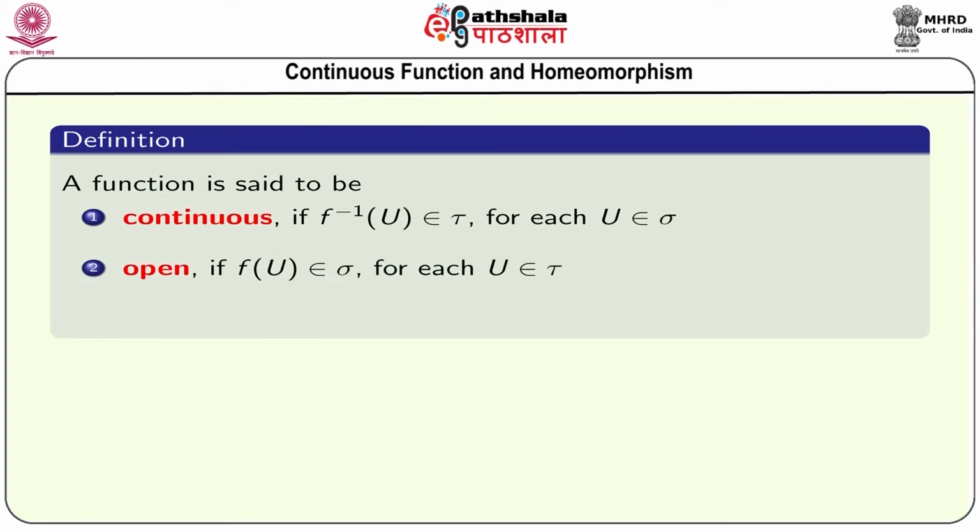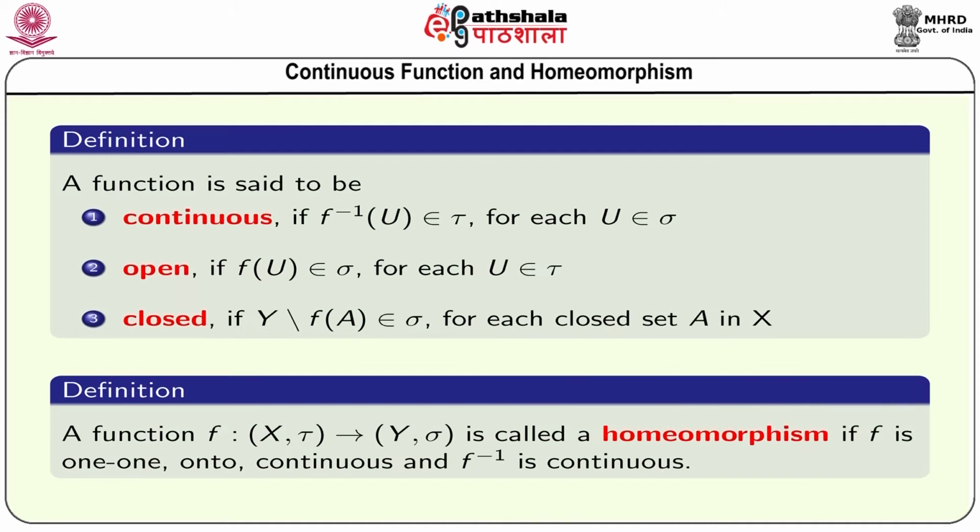A function is called an open map if it takes all the open sets of the domain to the open sets of the codomain. A function is called a closed map if it takes closed sets of X, the domain, to closed sets of Y, the codomain.